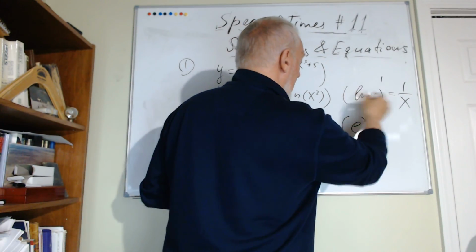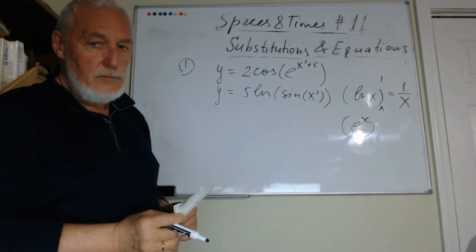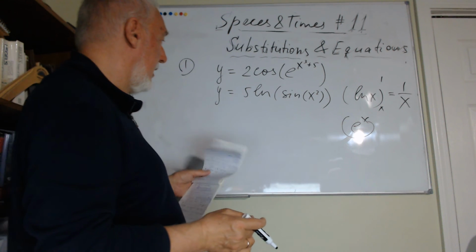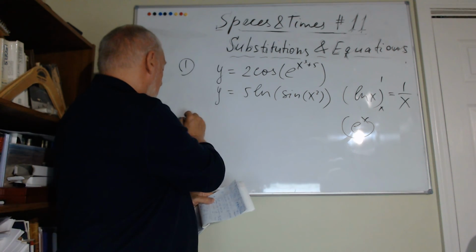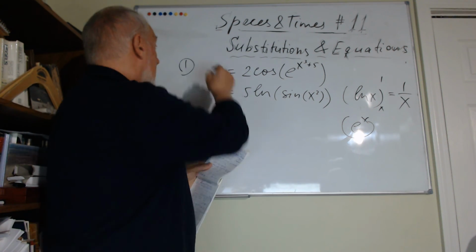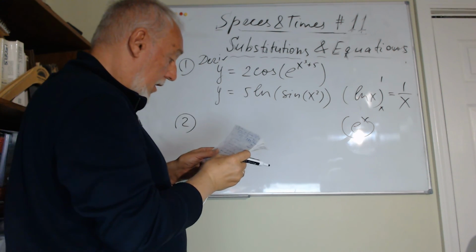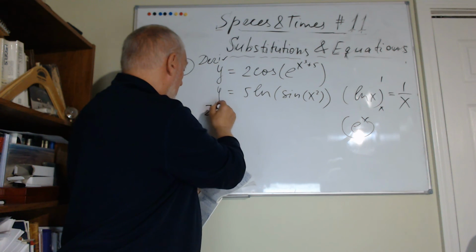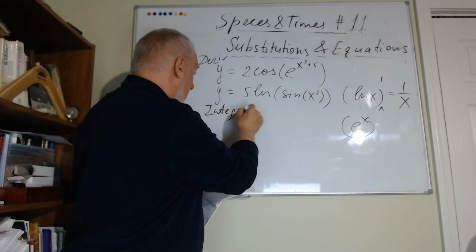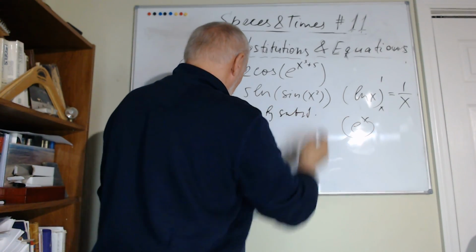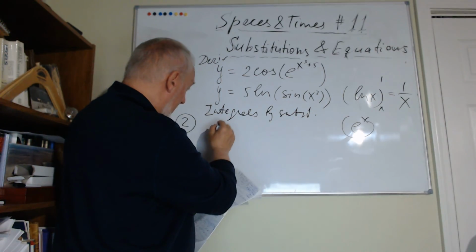This function and this function are inverses. We won't talk about it right now, but maybe later. So find the derivatives of these. Then try to calculate integrals by the substitution method. By substitution. And the integrals are like this.